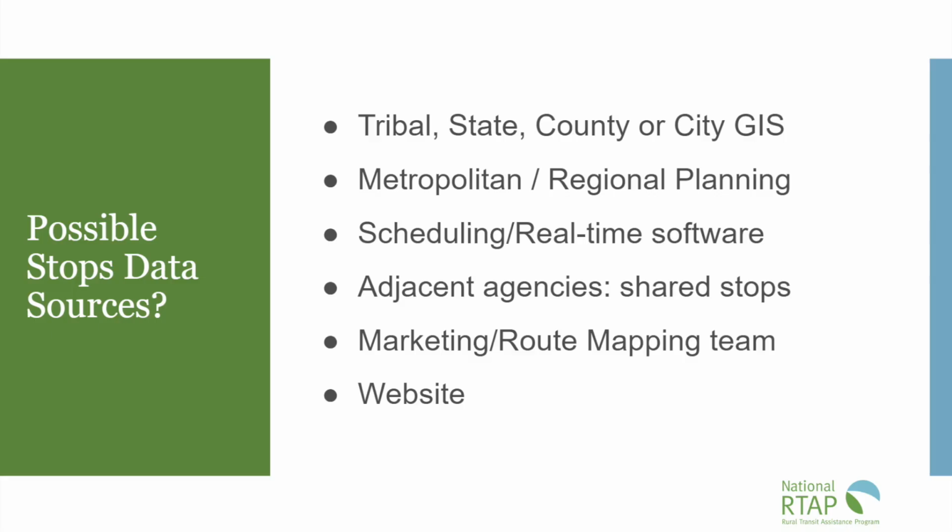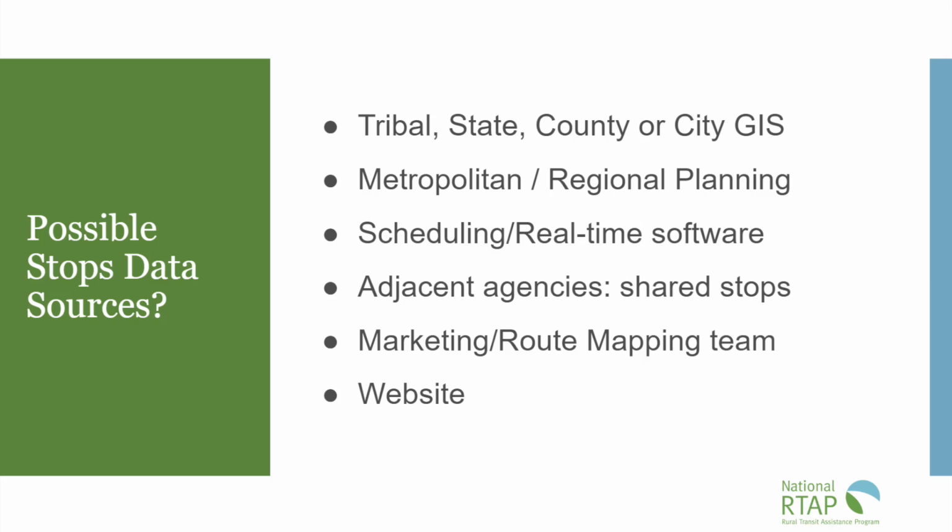Please reach out to any of these organizations to see if they might have a bus stop database for your agency. For example, a tribal, state, county, or city GIS department, regional or metropolitan planning organization. You may have scheduling software for paratransit or microtransit that have also mapped your locations.